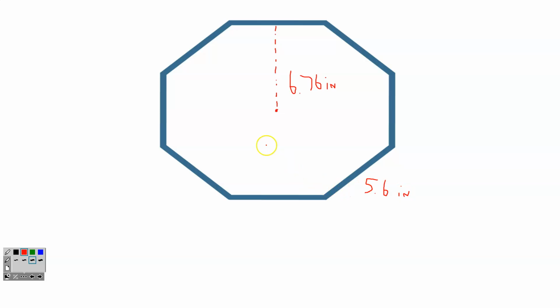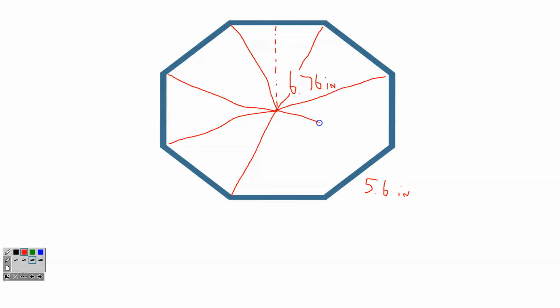So option 1 is I can break this up into triangles. Again, I'm going to try my best to draw straight lines, but as you can see, I'm already failing on that. Just pretend. Okay, there we go.